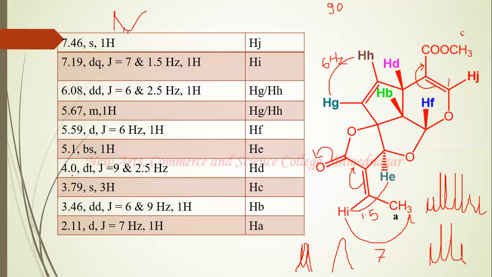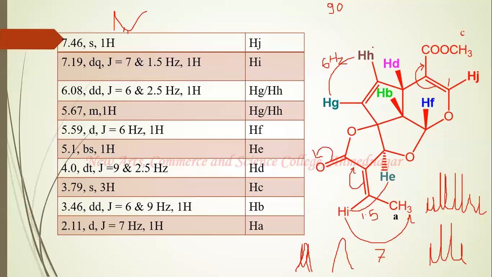Next, 4.0 doublet of a triplet, J is equal to 9 and 2.5 Hertz. So the two protons D and B are remaining. We have to look for the possibility of a doublet of a triplet with J equal to 9 and 2.5 Hertz. The D proton has B as its vicinal coupling partner.